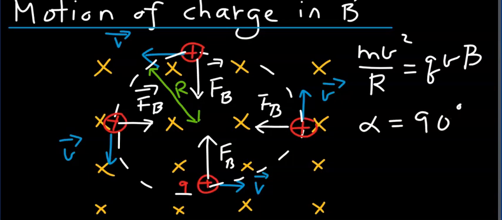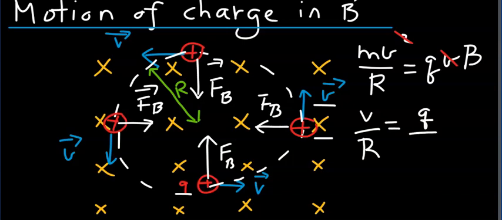So that is the angle between the velocity vector and the magnetic field at all points is always 90 degrees. Sine 90 is 1, so you end up with qvB. So this v will cancel that v, we end up with an equation v over r equals q over m times B.